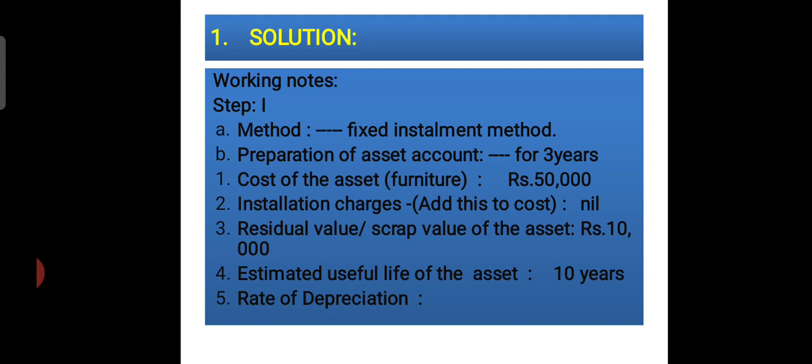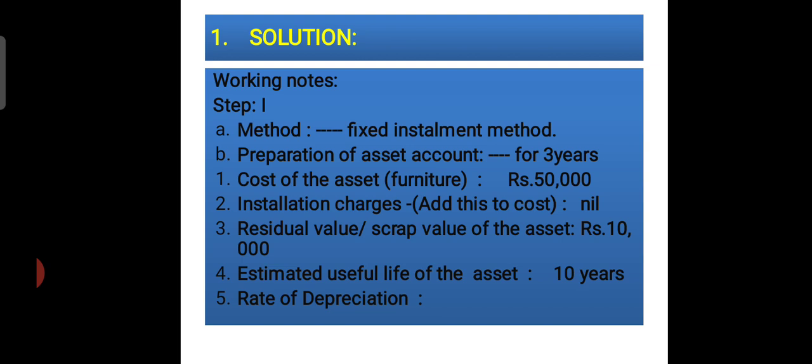See, in step 1, we need to see under which method we are asked to calculate the depreciation. So point A, here it is clearly given that we need to calculate the depreciation under fixed installment method. Second point, for how many years we are asked to prepare asset account.